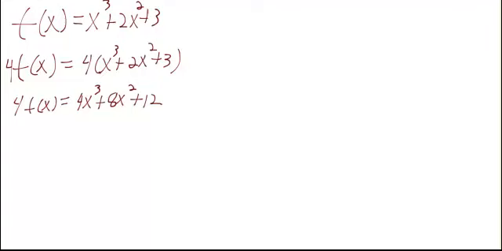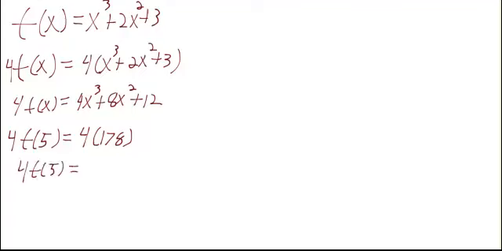And so we go back and find our f of 5. So we have 4f of 5, and recall that's 178. Well, we would have 4 times 178, so 4 times f of 5 would equal 712.